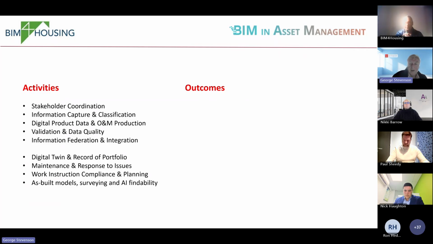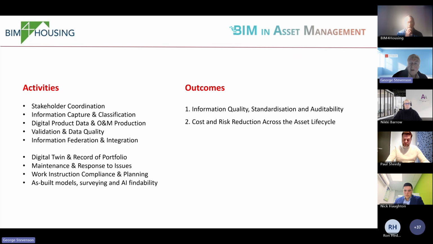We've come up with some, for example: what's the value of having more standardization and auditability? How can we use this to reduce risk? How can we use it to make it easier for supply chains to provide the information that's needed?